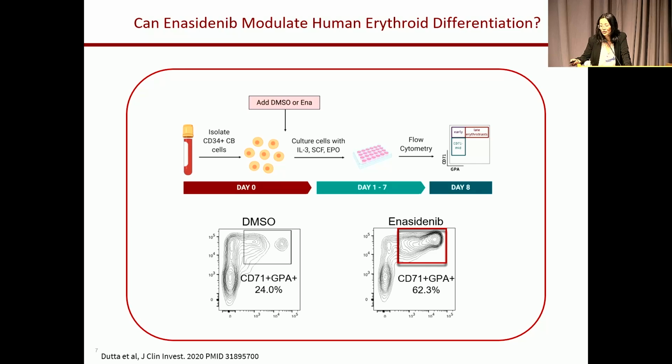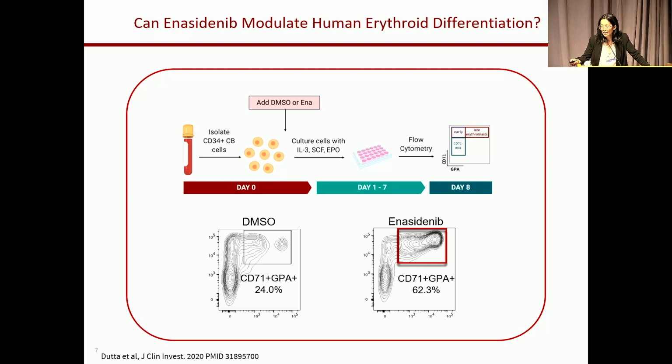We did the culture in 96-well plates and looked at erythroid differentiation by two markers, CD71, the transferrin receptor, and GPA, as illustrated on the top right for gating schema.